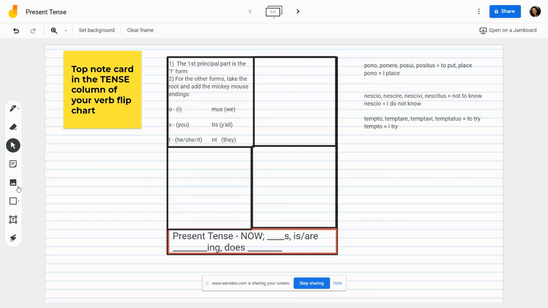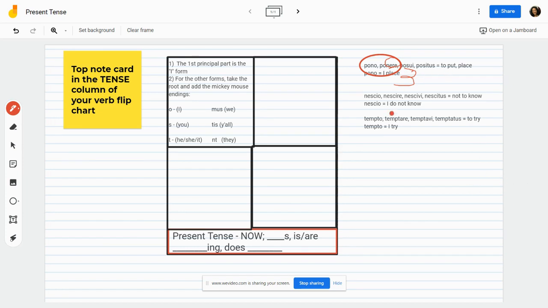So if I look at the first verb we have here, pono ponere, the ERE ending tells me that this is a third conjugation verb. Why? Because it's ERE, no long mark.